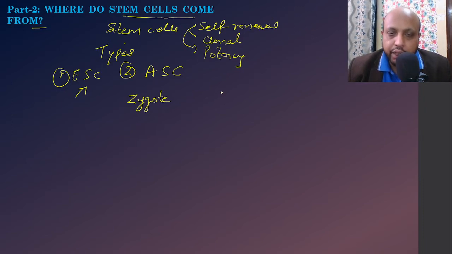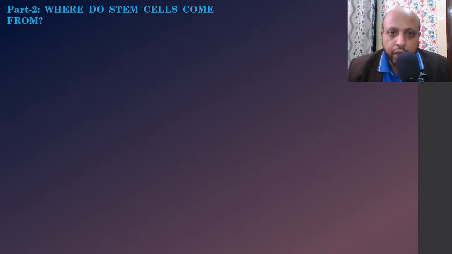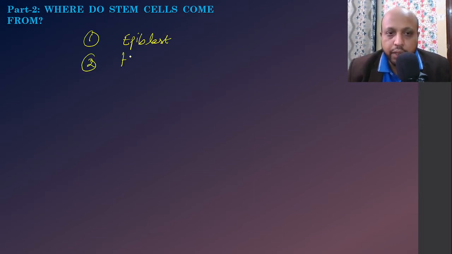Now to understand this, I will introduce certain terminologies so that it will be easy for you. The terminologies related to embryos, which are important to understand where these stem cells come from. The first terminology I will write here is the epiblast. The second one is the hypoblast. These are some of the terminologies to make you understand, and I have pictorial examples to show you as well.